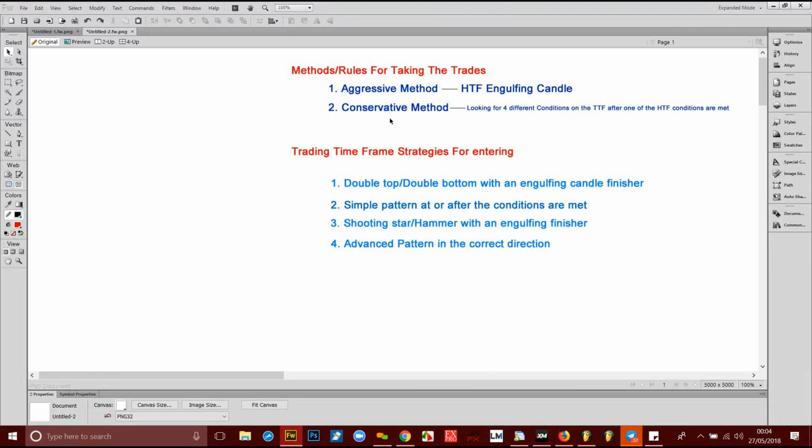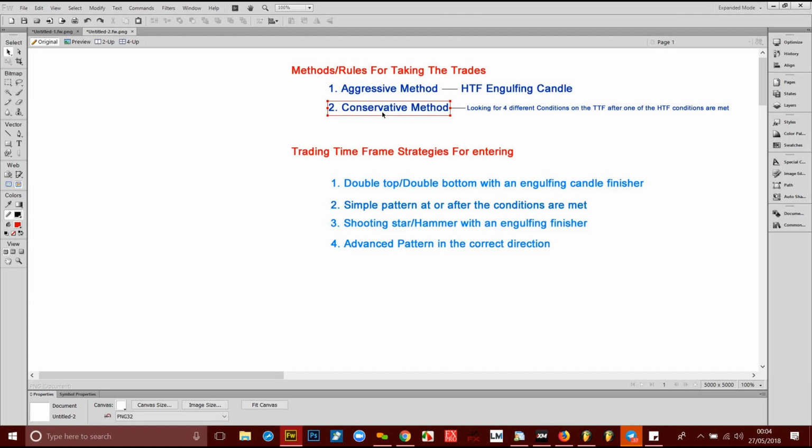What do I need now? And if I decide, okay, I don't want to enter aggressively, I want to be more conservative, I don't want to take risk, the next method is a conservative method. So what are you looking for in the conservative method? You're looking for 4 different strategies, conditions to be met on the trading time frame. The trading time frame will be the time frame where you enter the market.